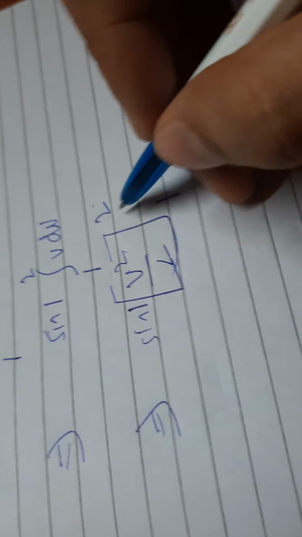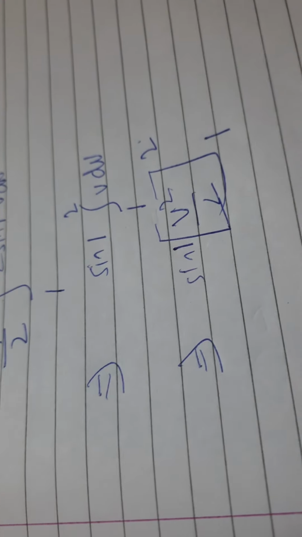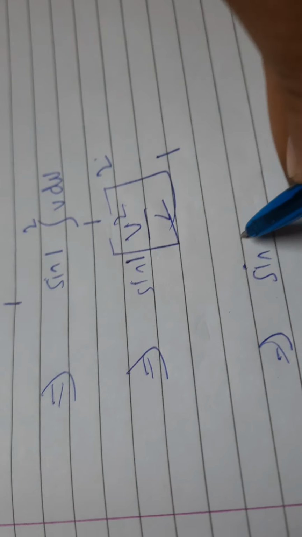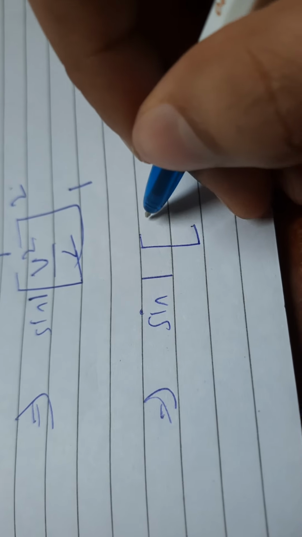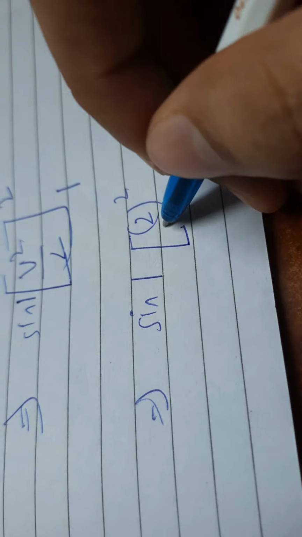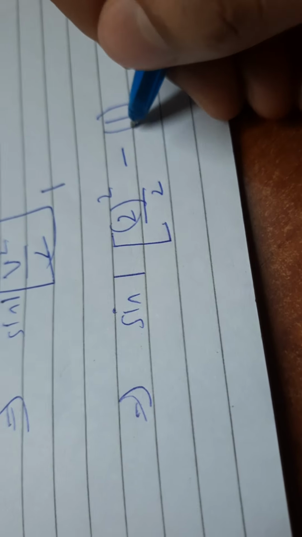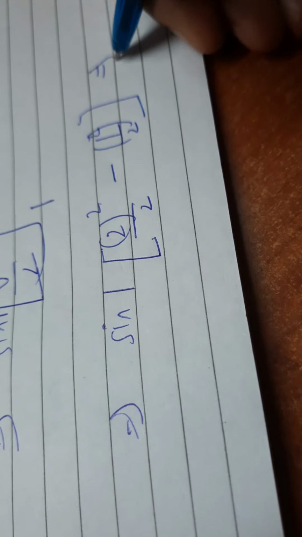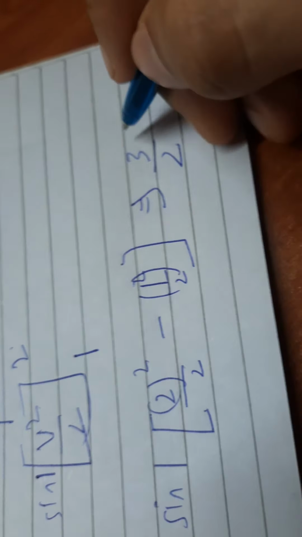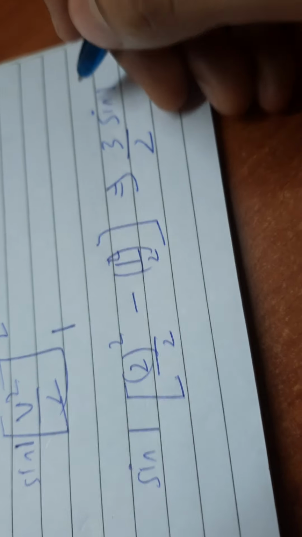Putting in the upper and lower limits, we get sine 1 times (2 square by 2 minus 1 square by 2), which is 4 by 2 minus 1 by 2, so it's easy: 3 by 2 sine 1. Hence the question is solved. Thank you for your cooperation.